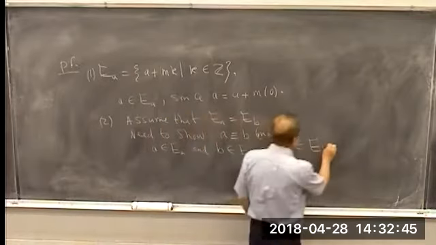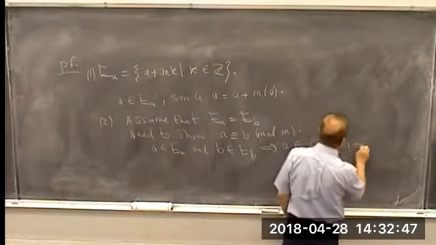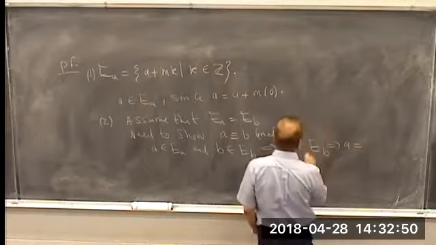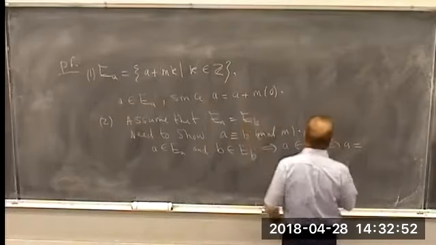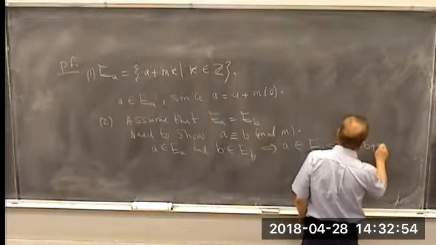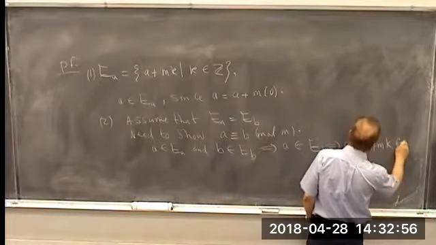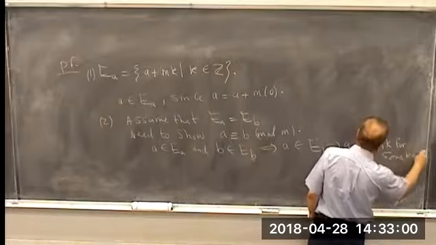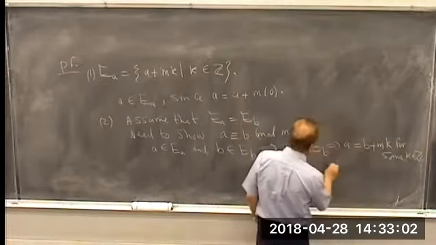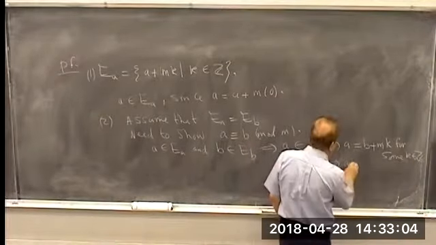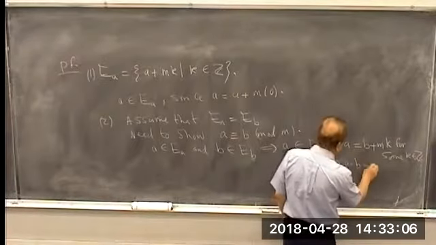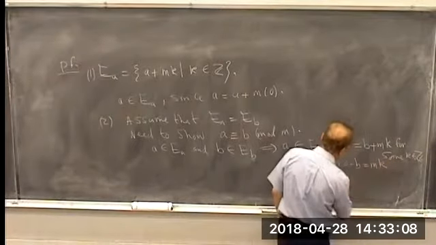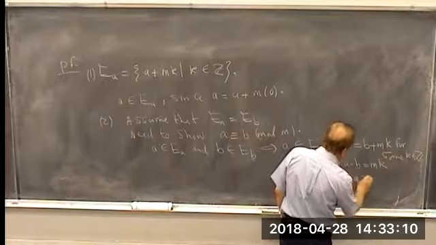This means that A is equal to B plus M K for some K in Z. And this is exactly what it means, that A minus B is a multiple of M, and this means that A is congruent to B.